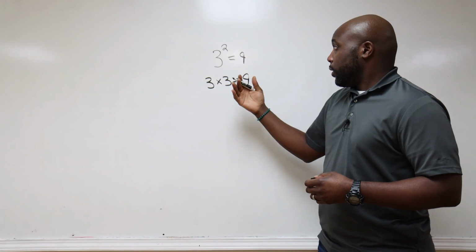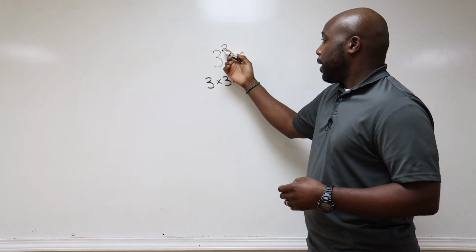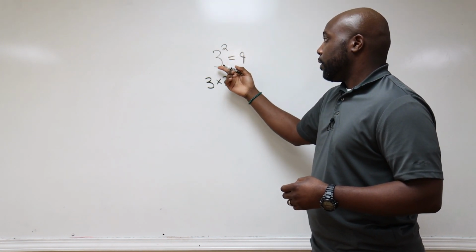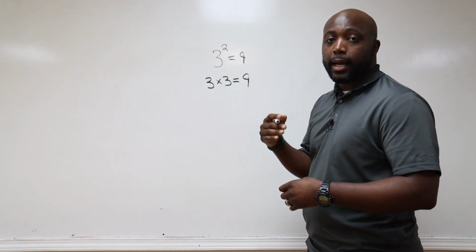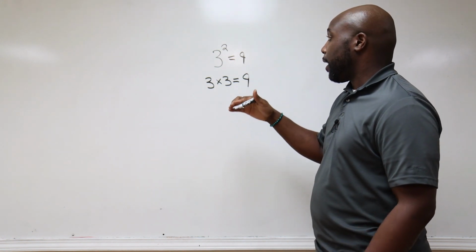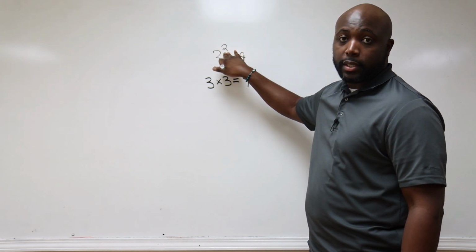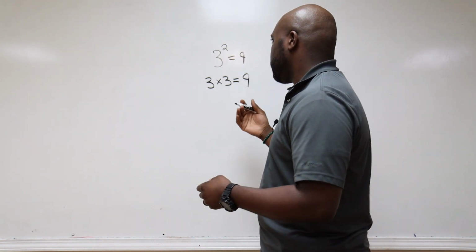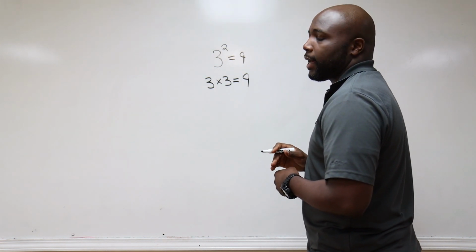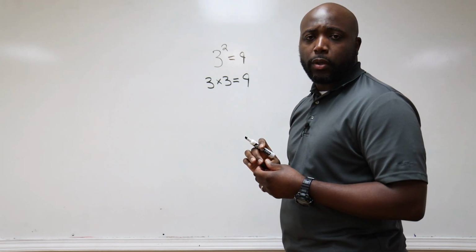So anytime you have an exponent of any given number, it is that number multiplied by itself, however many times the exponent is indicated.